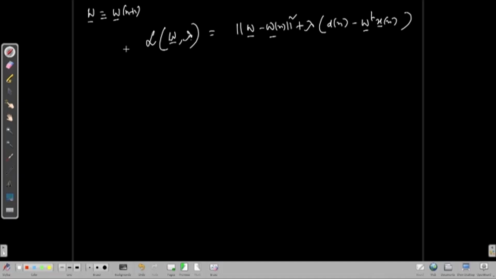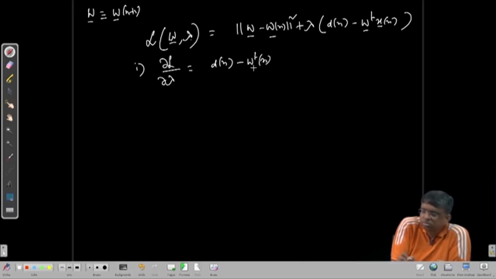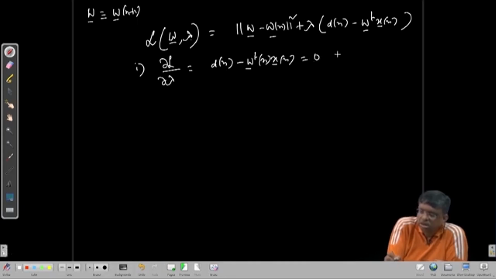Therefore, first is of course del L del lambda, which is this equation, equal to 0. That is my constraint.